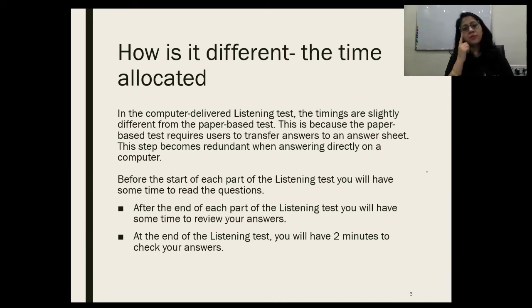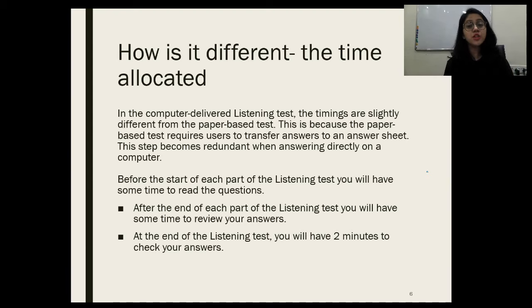Now, the thing to remember here is, are you going to get any kind of rough sheet? Are you going to get any kind of extra paper? That is something you will be able to find out only if you contact your local administrator, the local examination center. The one skill which is completely different from the others in the computer-based test is the listening test, because there is no transferring at all in the listening examination.